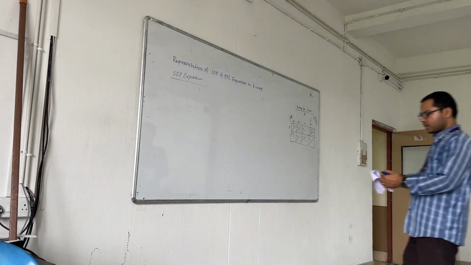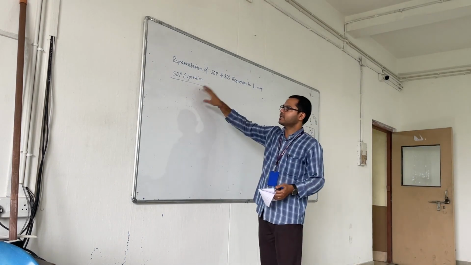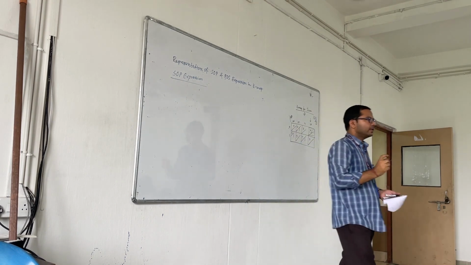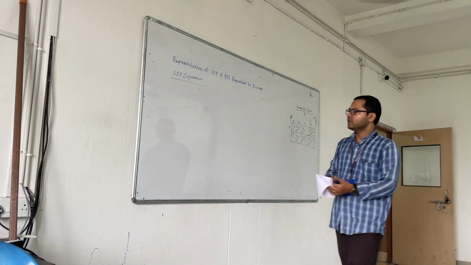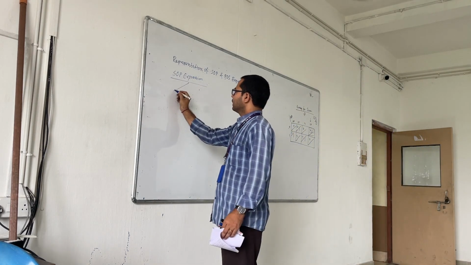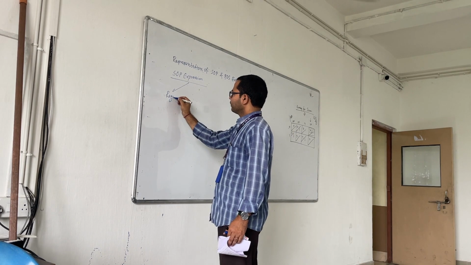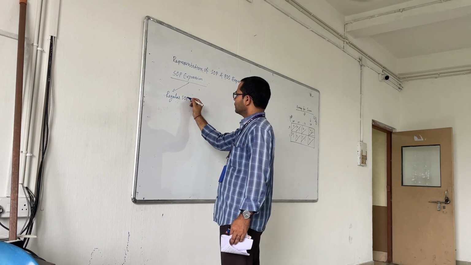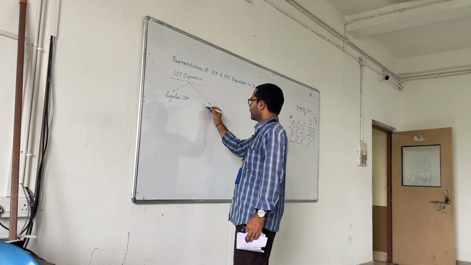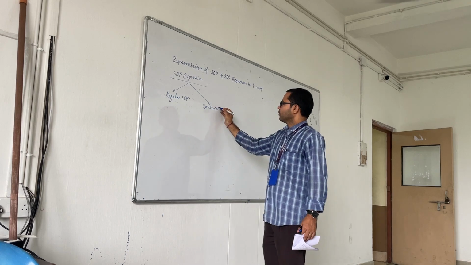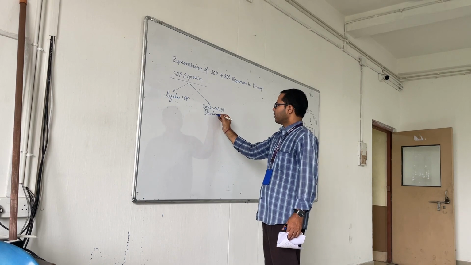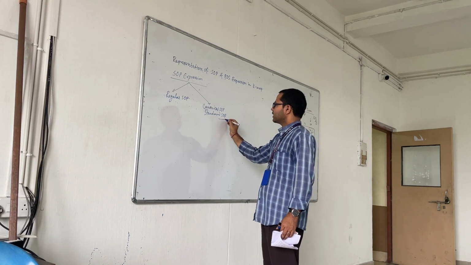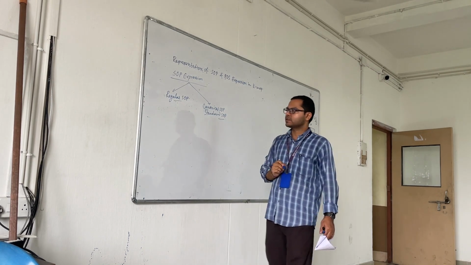So why can we write SOP expressions? SOP expression can be either a regular SOP expression, right? Or a canonical SOP or standard SOP expression. And what is the difference between canonical SOP expression and regular SOP expression?